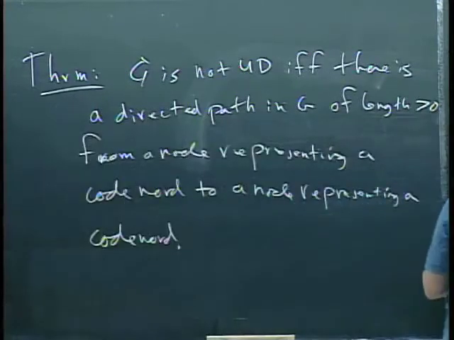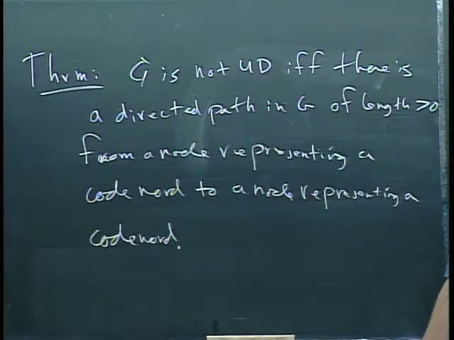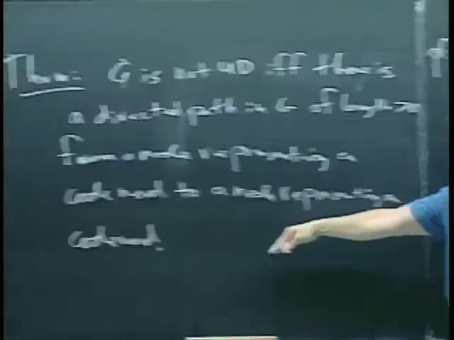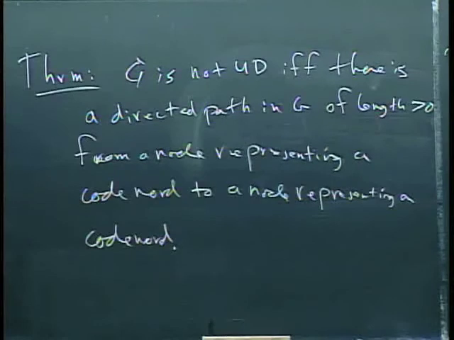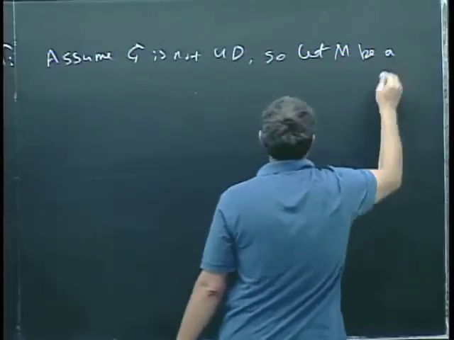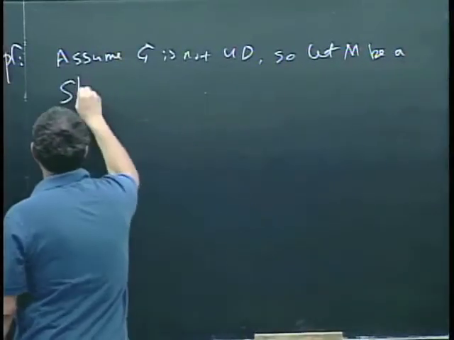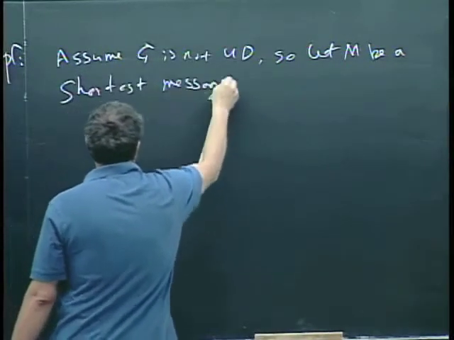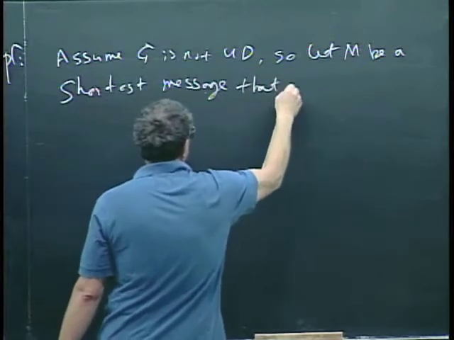Okay, so we assume that the code is not uniquely decipherable. We can do that direction. So we want to be able to show that there is a directed path in G that satisfies this type. So assume C is not uniquely decipherable, so let M be a shortest message that is not uniquely decipherable.